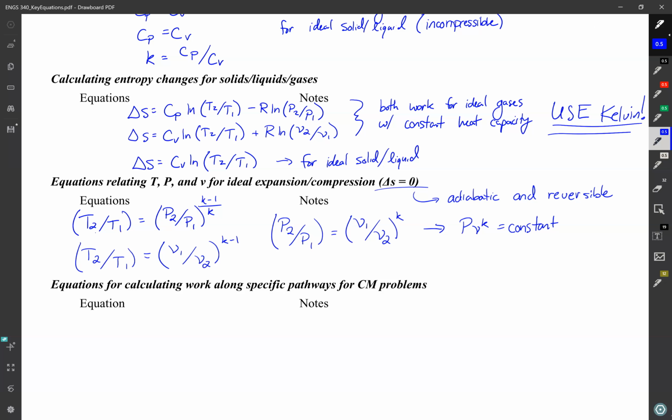And then the last notes that we'll have, right, use the easiest. What I mean by that, if you know temperature and pressure, use the temperature pressure one. If you know pressure and volume, use the pressure volume one. They're all the same equation. They all work for ideal expansions and compressions, delta S equals 0. We changed from one to the other with ideal gas law.